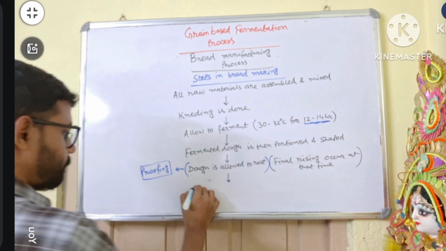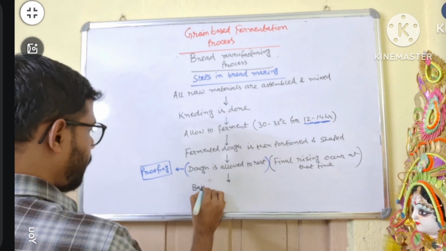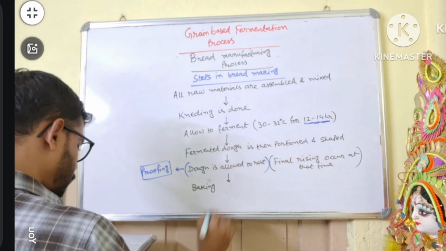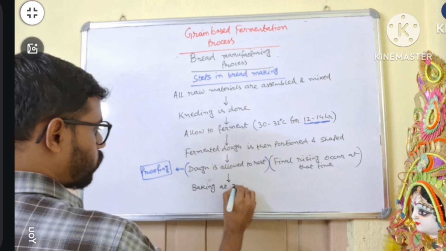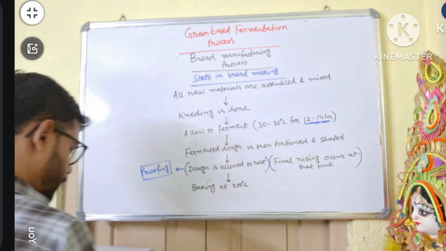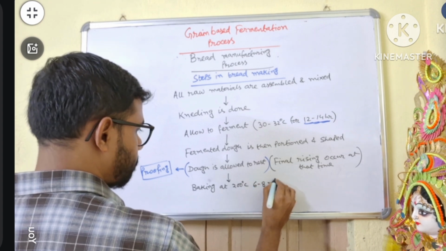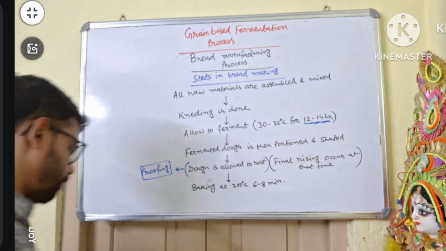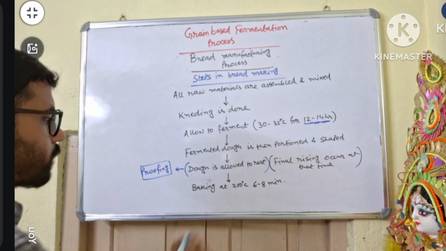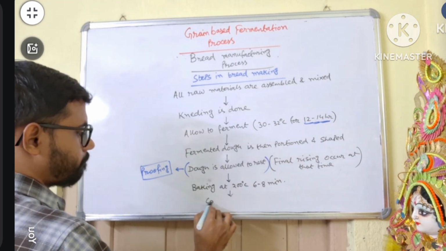After that, it is baked at 200 degrees centigrade for 6 to 8 minutes, followed by cooling and packaging.